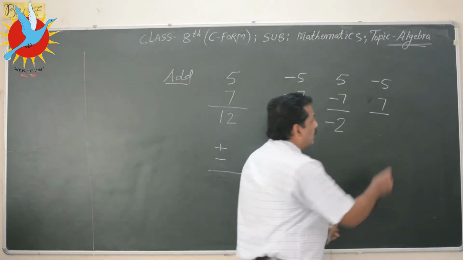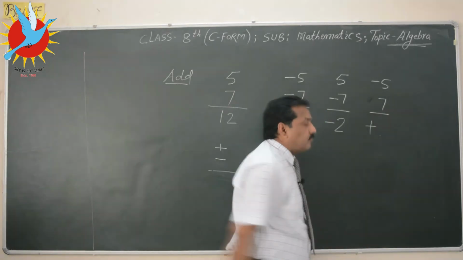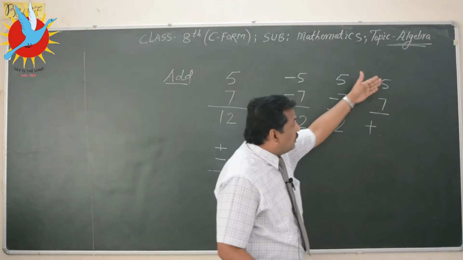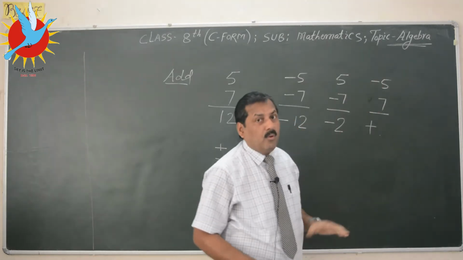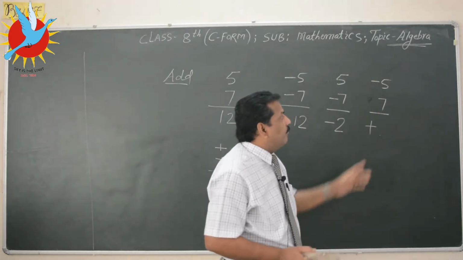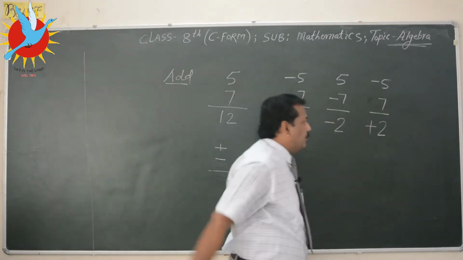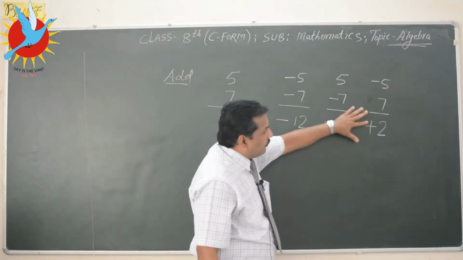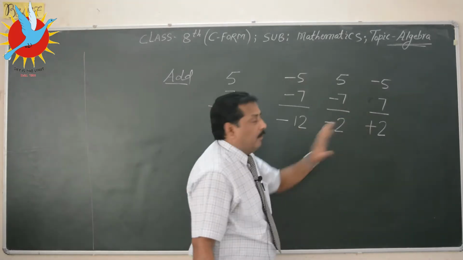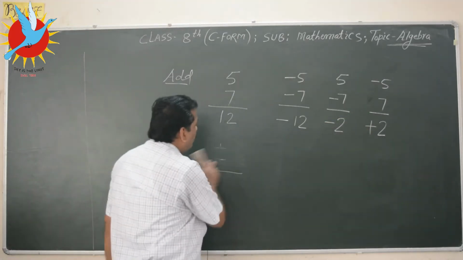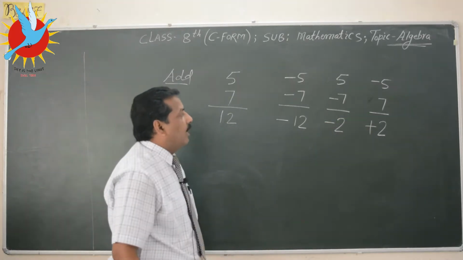So we have to give the plus sign here. Now, should we combine these? No. We have to get the difference of these two numbers, and that is plus 2. And even if we don't write this plus, there is no problem. So I hope this is quite clear.